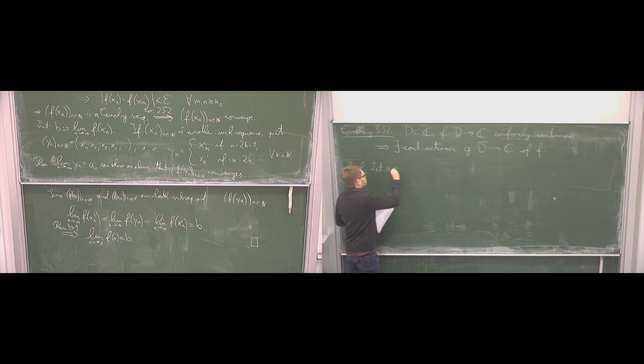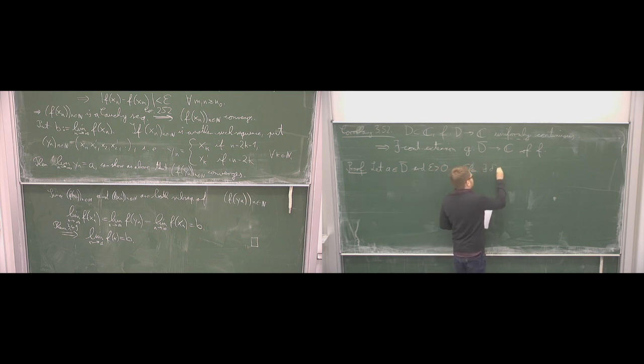So what do we need to do? We take some adherent point, we call it a, and we just need to show we have an extension to a, and then of course we have an extension to every point, since this is arbitrary. So let epsilon be bigger than 0. Okay, then just a little computation now.